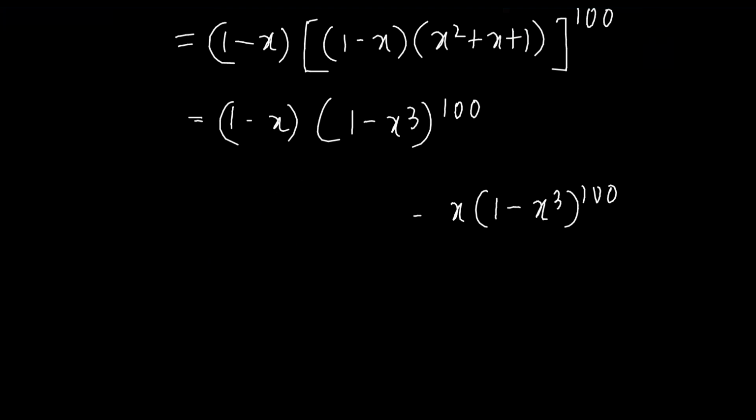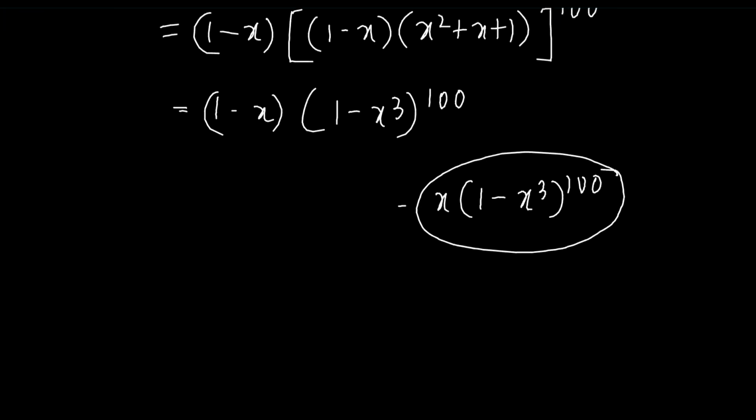Now concentrate on this one. Here we have to find the coefficient of x to the power 256. Now 1x is already here. So if we want to find the coefficient of x to the power 256, since 1x is obviously present, we have to find the coefficient of x to the power 255.